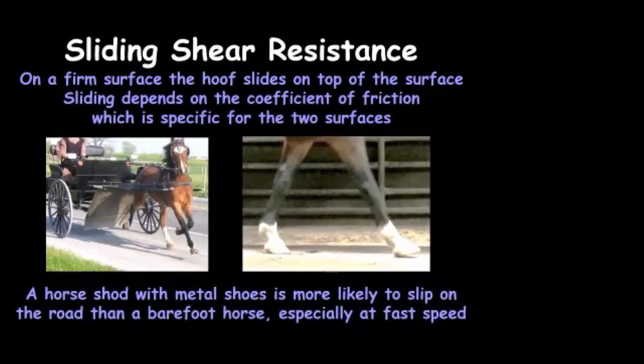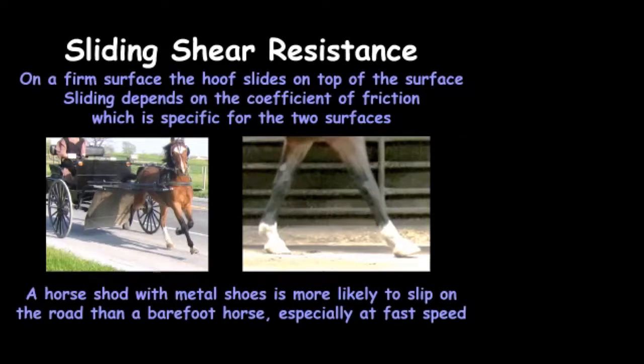The other property of the surface that affects the impact is the shear resistance, and specifically the shear resistance to sliding of the hoof. So on a firm surface, like on a road, the hoof slides along on top of the surface.